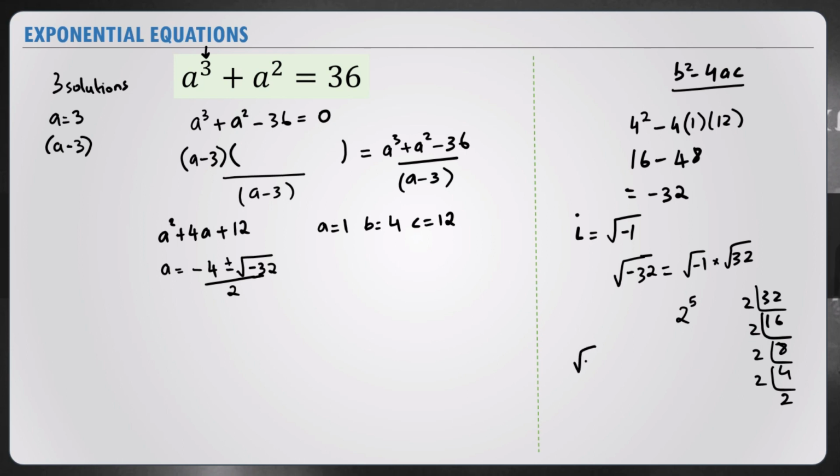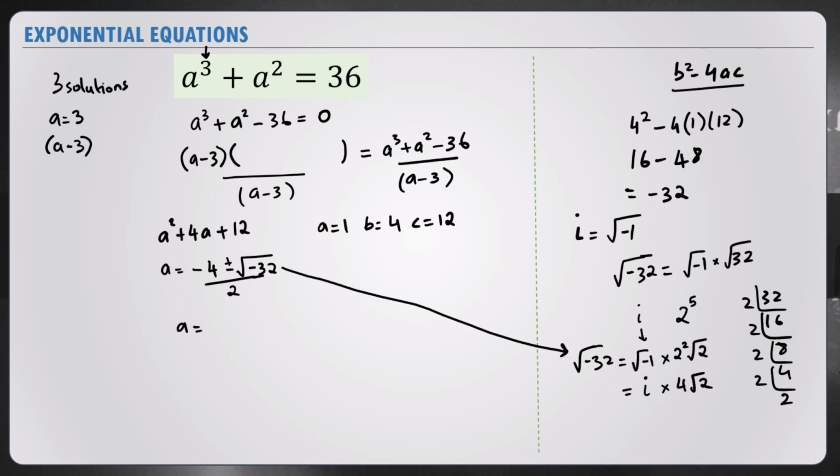The square root of negative 32 is equal to the square root of negative 1 into 2 to the power 4, which comes out as 2 squared, and root 2, which is equal to, let's substitute this with i, imaginary number i, into 4 root 2. Now let's place this over here.